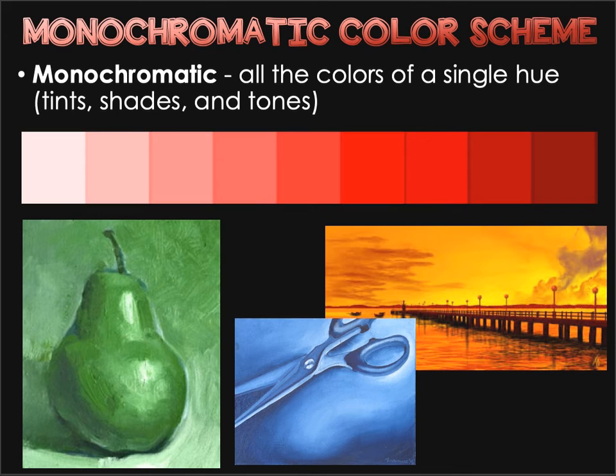All of these colors fall under that one single hue, which is red. And below that, we just have monochromatic paintings of one color. We have the pear that's done in green. We have the scissors that's done in blue. And then we have the little boardwalk that's done in more of a yellow-based monochromatic color scheme.